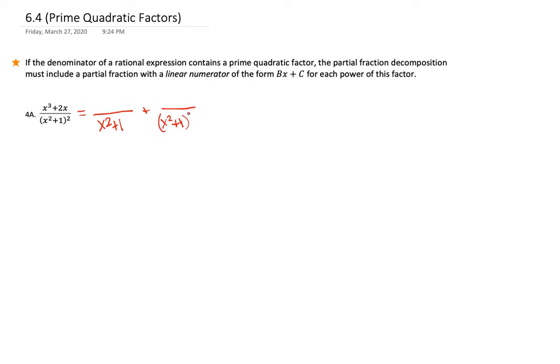Because remember, this is the same thing that we just did on the last slide. So you have to keep counting up till you get to the right power. And then because it's quadratic on the bottom, you're going to have to use Ax plus B and then Cx plus D.